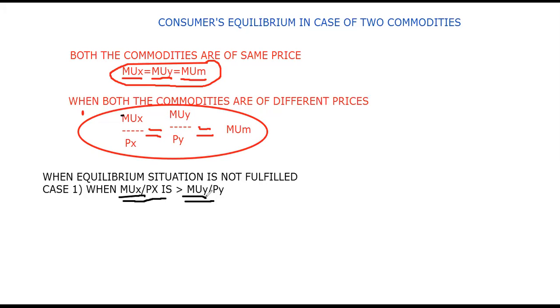We will buy more of X and less of Y. Secondly, क्या होगा उससे? X की consumption बढ़ गई, Y की consumption कम हो गई.